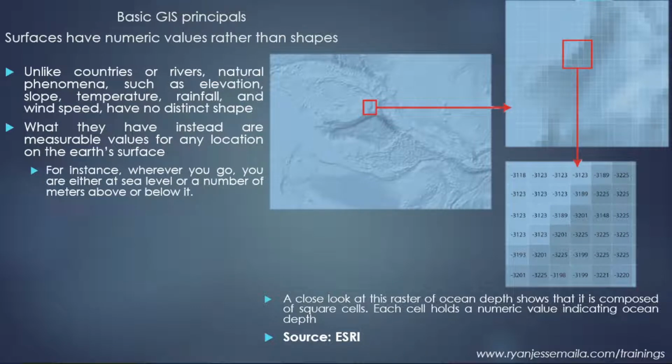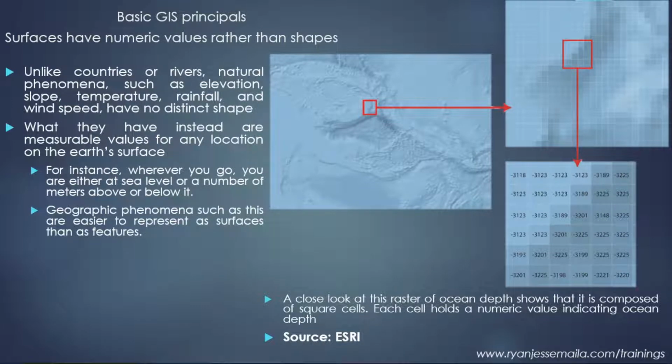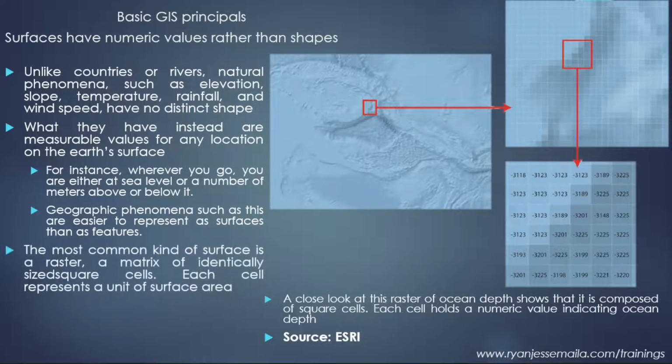For instance, wherever you go, you are either at sea level or a number of meters above or below it. Geographical phenomena such as these are easier to represent as surfaces rather than as features. Like I mentioned, how can you add a feature to temperature? Because it has got no shape. Wind speed has got no particular shape.